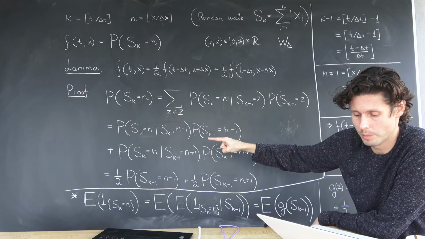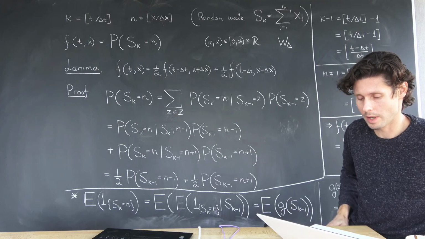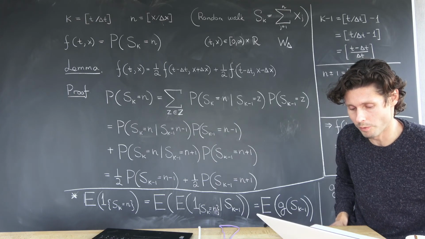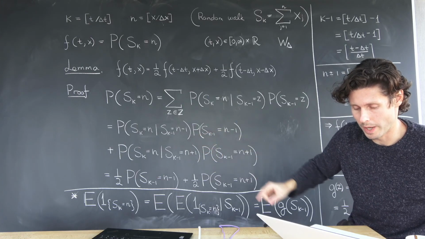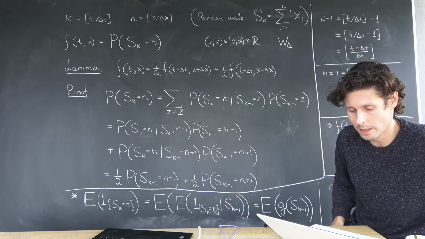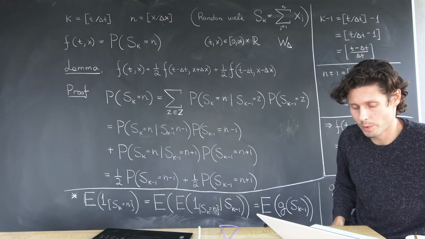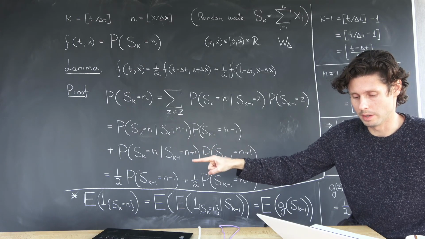And these are my probabilities that correspond to the fact that I was in those states at one time step before. So the leading terms here, you just recognize them as one-step transition probabilities of the Markov chain. And in this particular example, we saw that they don't even depend on the current state.